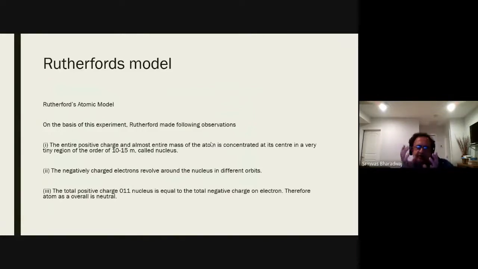Remember, the size of the atom, they said, is 1 angstrom, 10 to the power of minus 10, right? So he said that there is a highly charged nucleus, 10 to the power of minus 15. Okay. And so what is the difference between 10 to the power of minus 15 and 10 to the power of minus 10? It's huge.